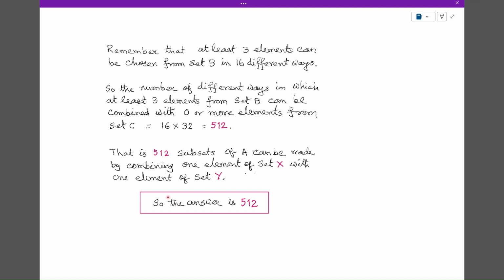That is, in other words, 512 subsets of A can be made by combining one element of set X with one element of set Y. Therefore, the answer is 512. Thank you.